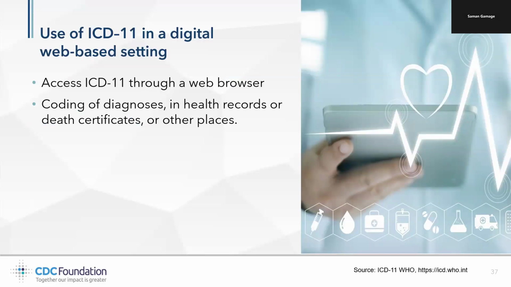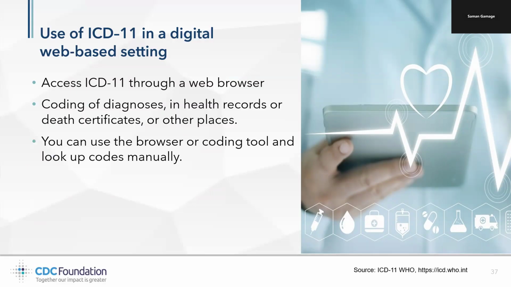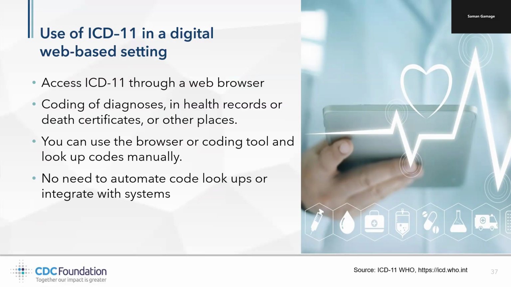So you can code diagnoses in health records or death certificates or other places. And you can use the browser or coding tool and look up codes manually. No need to automate code lookups or integrate with systems. So this is direct access using the ICD-11 coding tool or ICD-11 browser through a web browser.